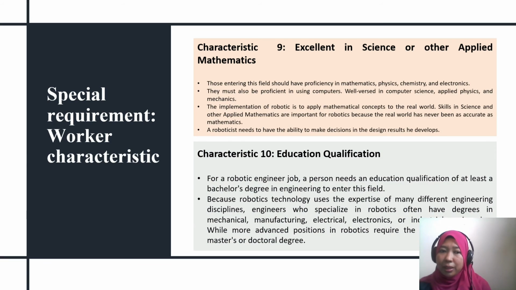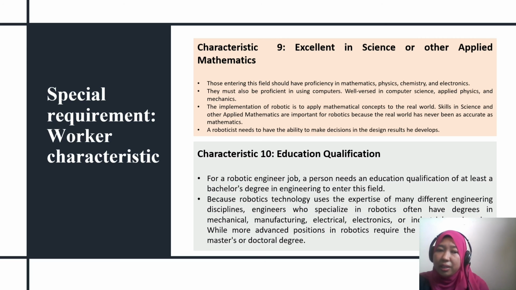Finally, the last special requirement is on the worker characteristic, where the ninth characteristic is excellence in science or applied mathematics. Those entering this field should have proficiency in mathematics, physics, chemistry, and electronics. They must be proficient in using computers, well versed in computer science, applied physics, and also mechanics.